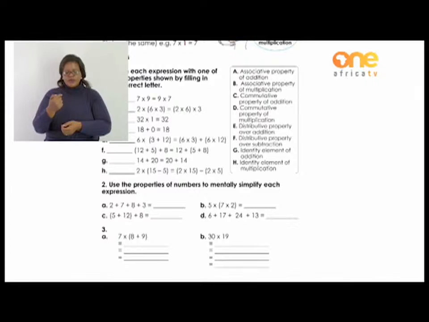Go to number 2. Use the properties of numbers to mentally simplify each expression. You don't need to show me your work here. You have to do it in your head. For example, we have A. I think I have done A on the chalkboard.